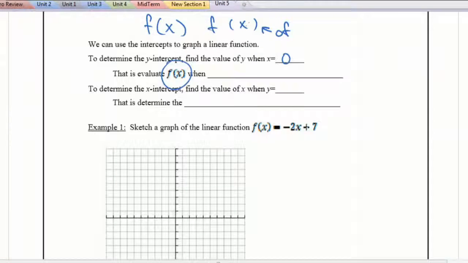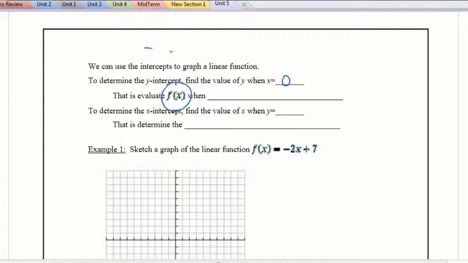I could have g, I could have h, I could have all sorts of other letters in there. It could be h of p or t of x. It's just function notation, kind of shorthand.